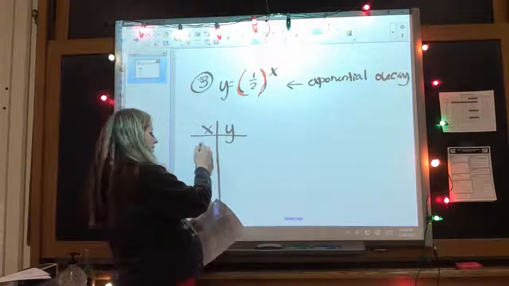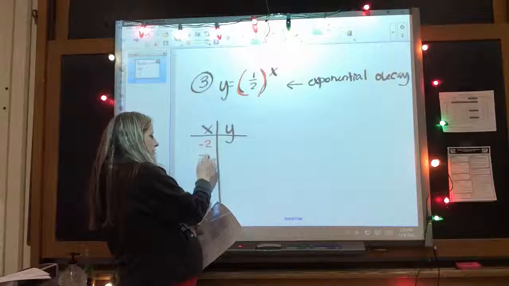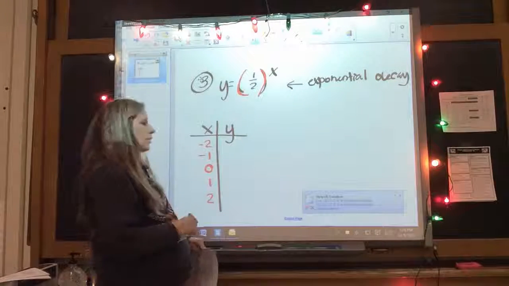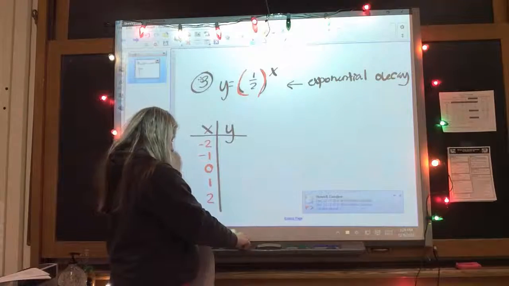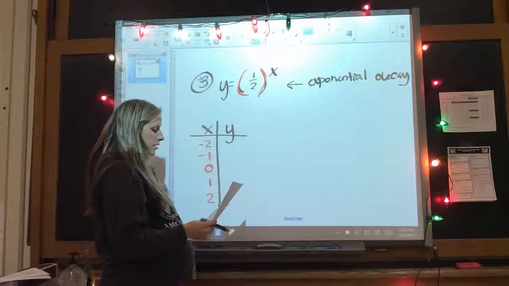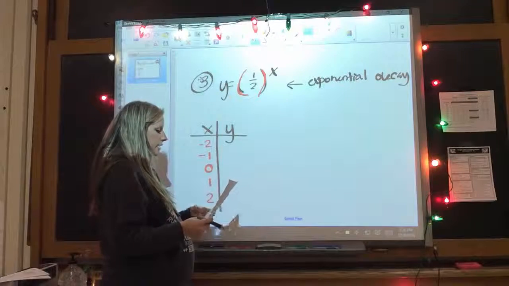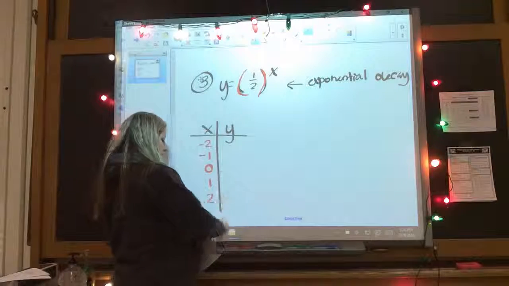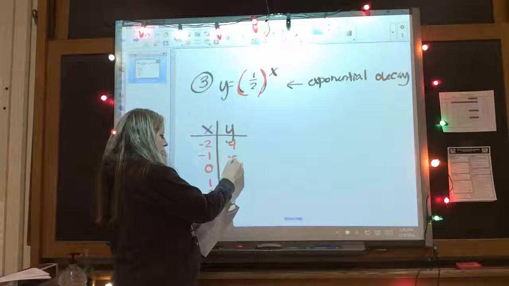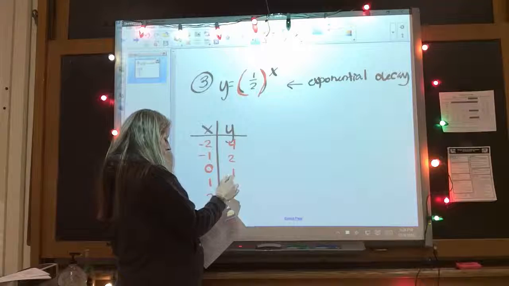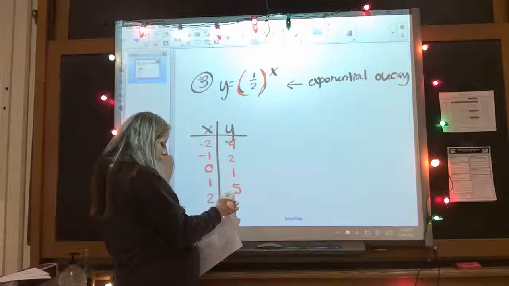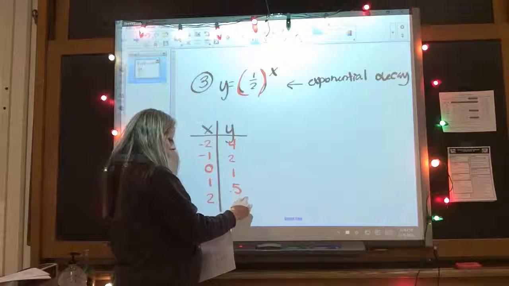And we want to find when x is -2, -1, 0, 1, 2. Okay, we're going to plug in those x values, or let the calculator do it, I'm sorry. Okay, so when x is -2, it says my y is 4. -1, 2, 0, 1, 1 is 0.5 or 1/2, and 2 is 0.25 or 1/4.